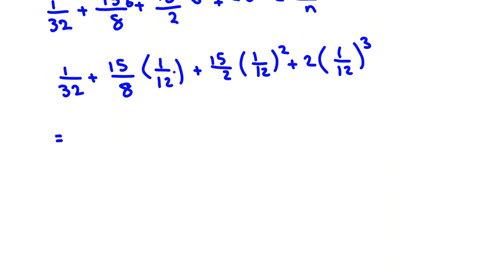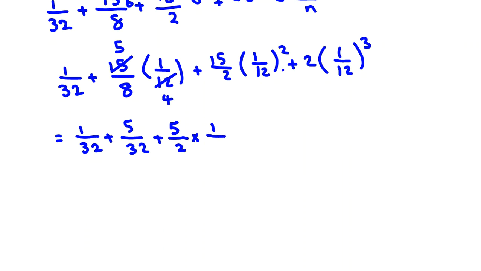Now, let's simplify. This one, you can divide by 3, it will be 4, it will be 5. 1 over 32 plus 5 over 32 plus this one, 12. You can write 5 over 2 times 1 over 12 times 1 over 12, you divide by 3 with 15, it will be 4.